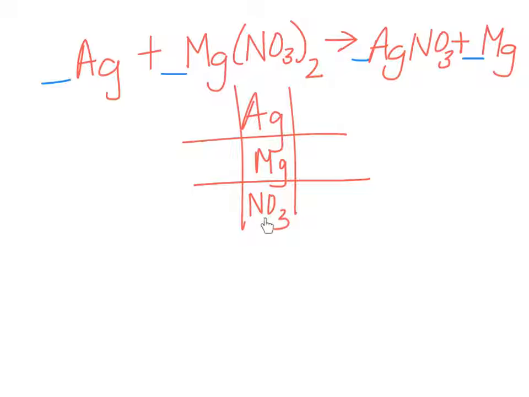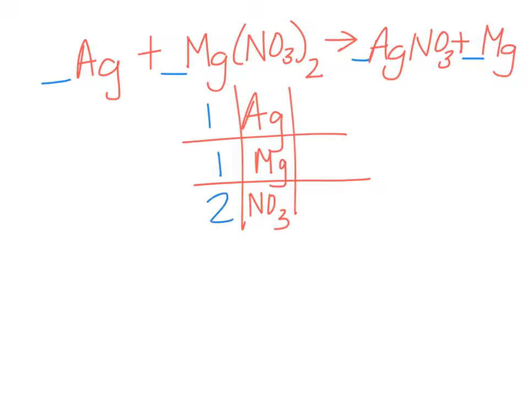Now, do you have to put the whole entire polyatomic ion in the chart? No. If you want to do N's separately and the O's separately, you'll still get the right answer. Okay, so this is just a little shortcut. All right, so let's go ahead and list how many we have on each side. So 1 silver, 1 magnesium, and then I see the 2 here on the outside of the parentheses, so that means that I have 2 of the nitrates.